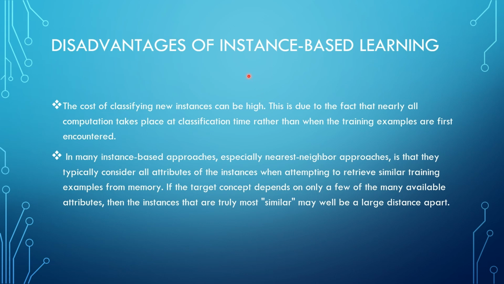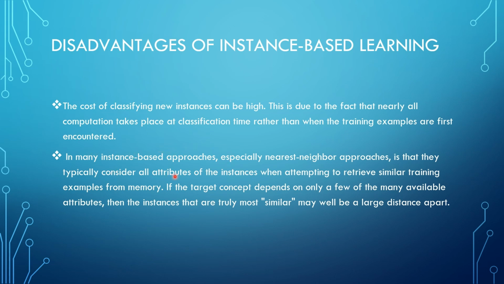Now let us discuss the disadvantages of instance-based learning. The first one is that the cost of classifying new instances can be very high, due to the fact that nearly all the computation takes place at classification time rather than when the training examples are first encountered.